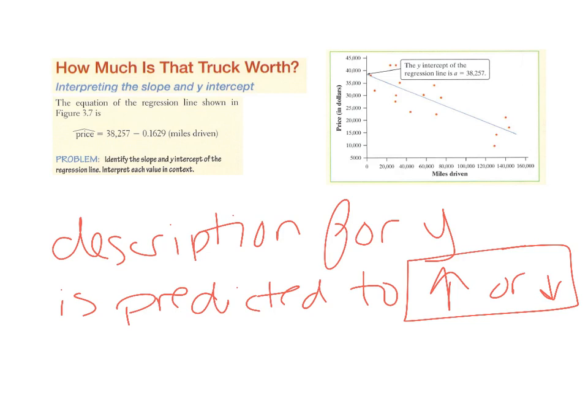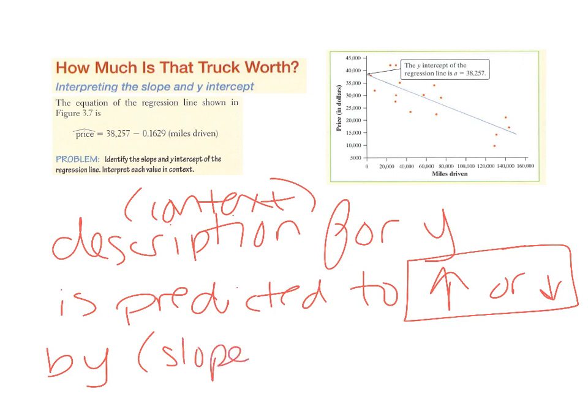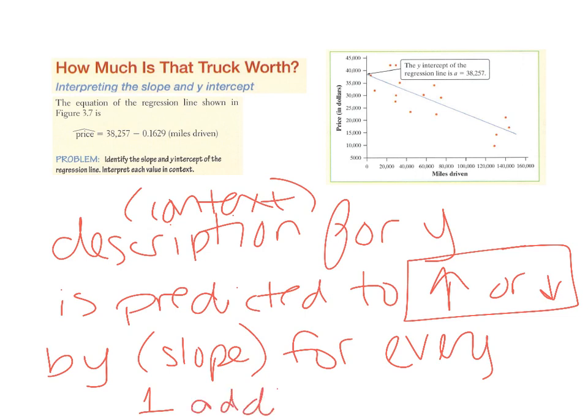So your description for y, put y in context, is predicted to go up or down by, and then you put your actual slope value in here, 0.1629, for every one additional x. And so x would need to be in context. Okay, so that's your sentence stem for describing slope.